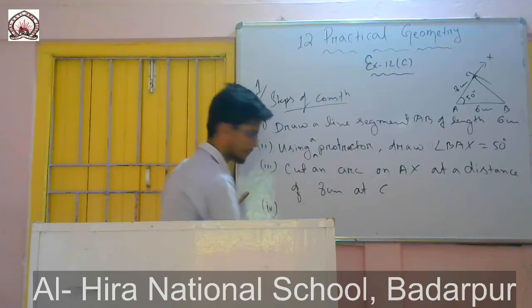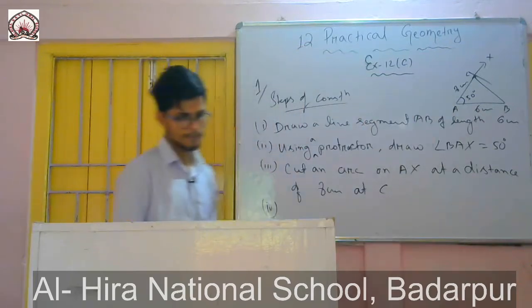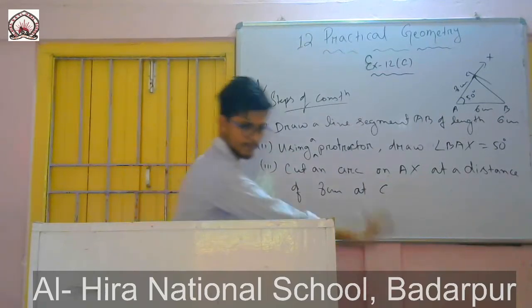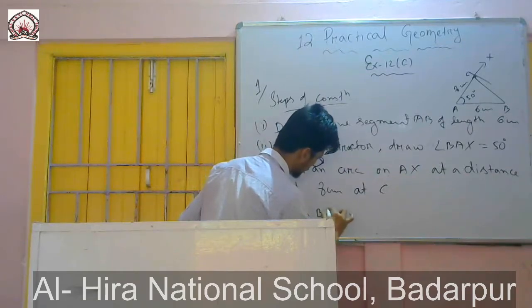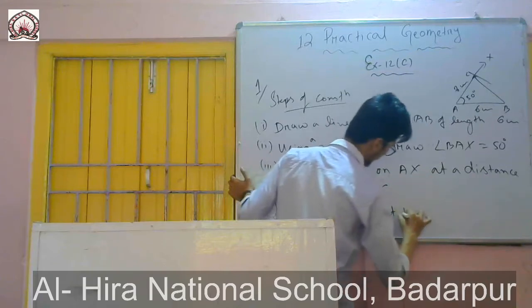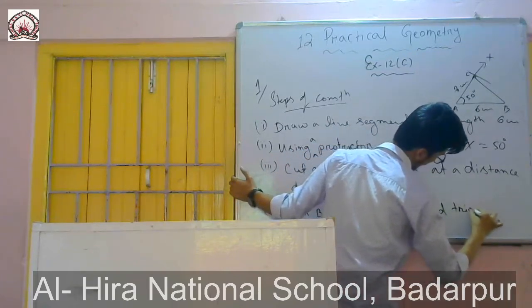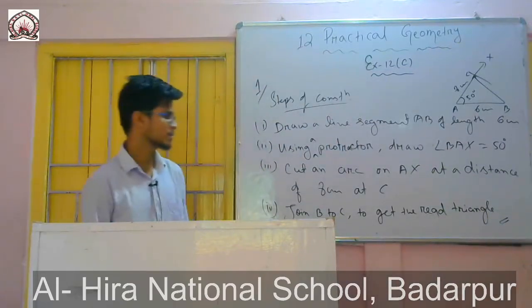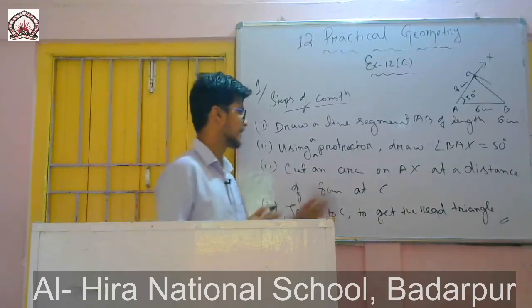Then Roman number 4. So after joining this one, what we did? We joined B and C. So write: join B to C to get the required triangle, or join BC to get the required triangle.